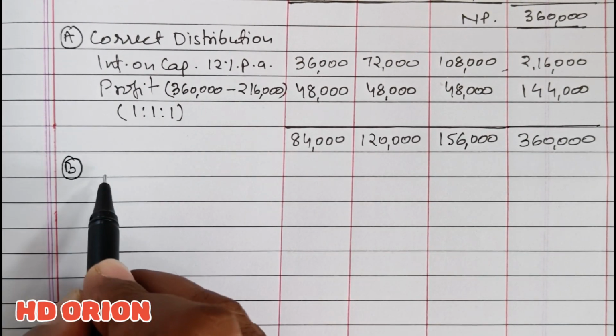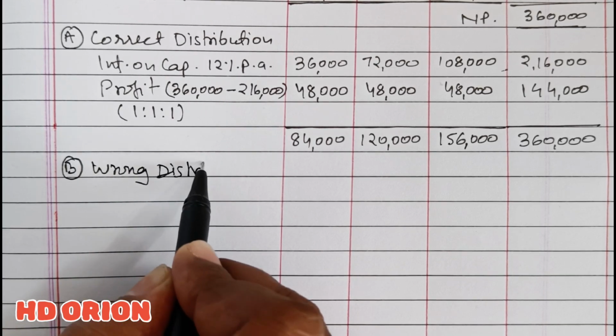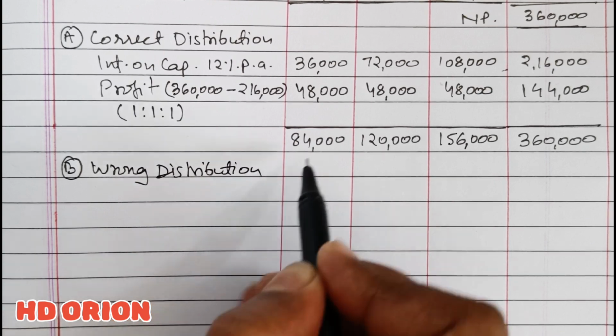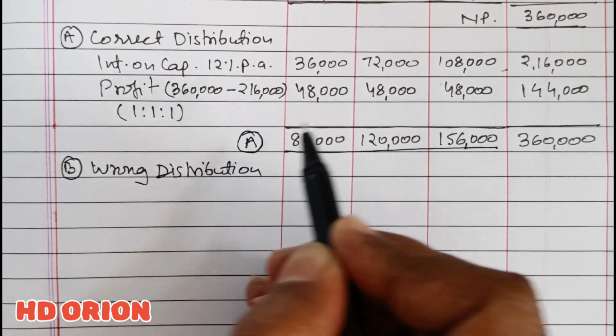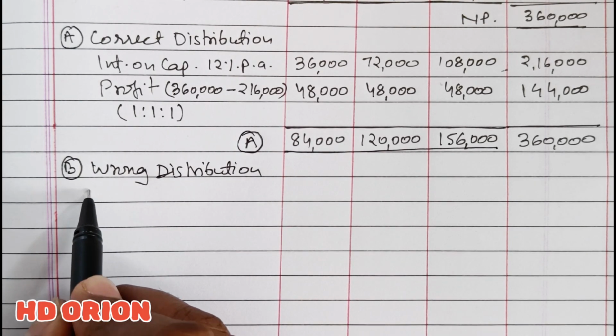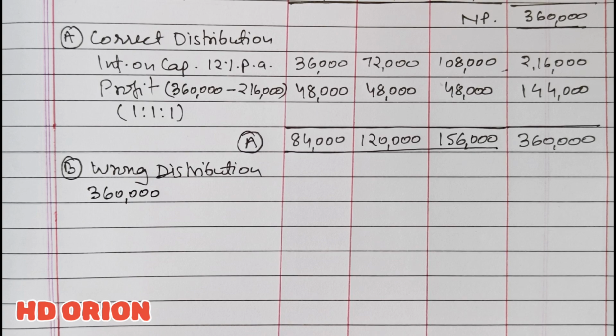Let us see. Wrong distribution. Now I will close this, just calling it as A. Now as per wrong distribution, this 3,60,000 was given to the partners in two different ways.